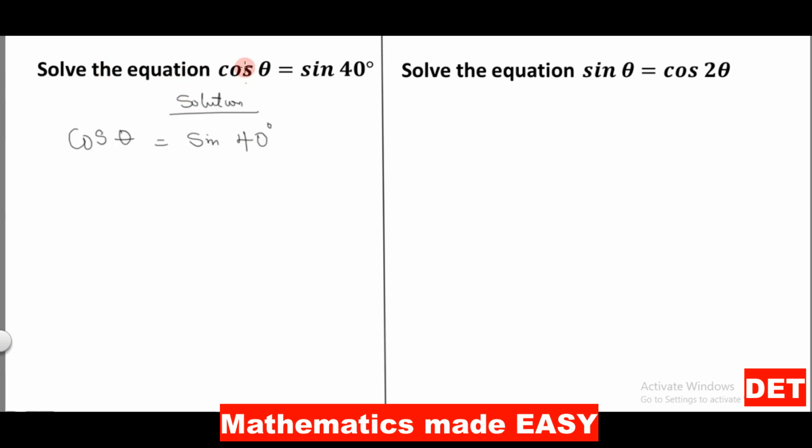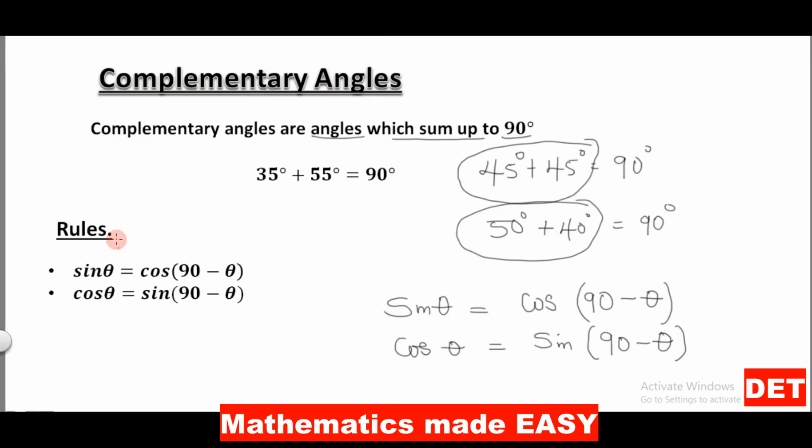Whenever you see a question like this, just know that what you're looking for is the value of theta. So from our rules of complementary angles, we have that sine theta is equal to cos(90 minus theta), and that cos theta is equal to sine(90 minus theta).